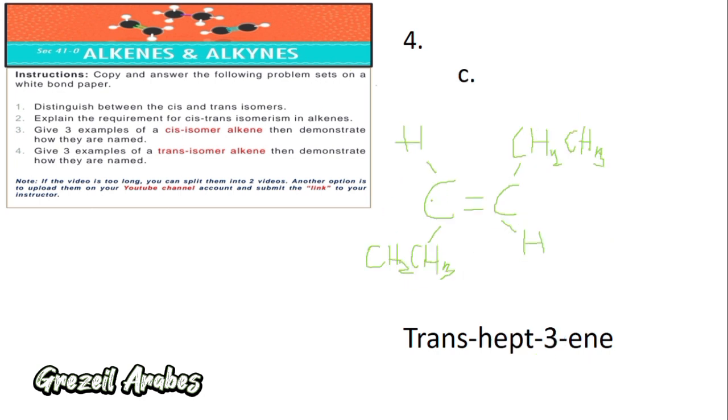This is our last example for trans isomer alkene. So this is called trans-hept-3-ene. So it came from the parent name heptane. This is the suffix ene because the a and e is changed into this because it is an alkene, ma'am, as stated in the problem.